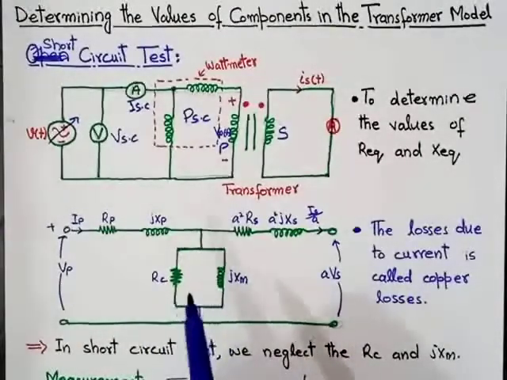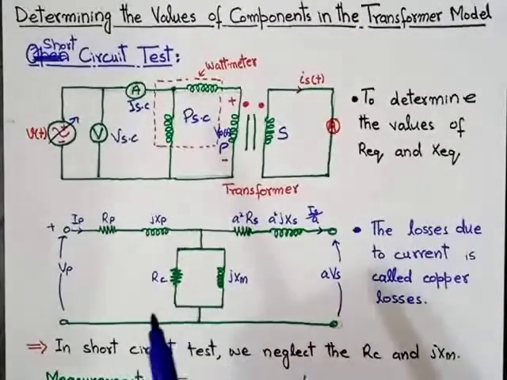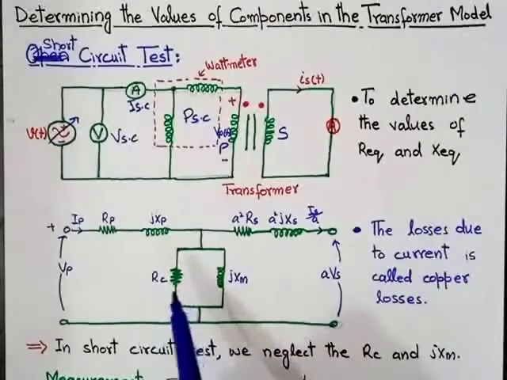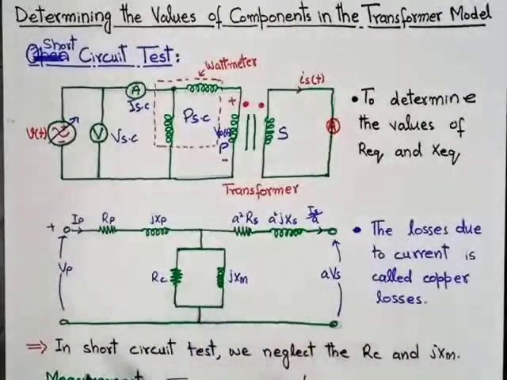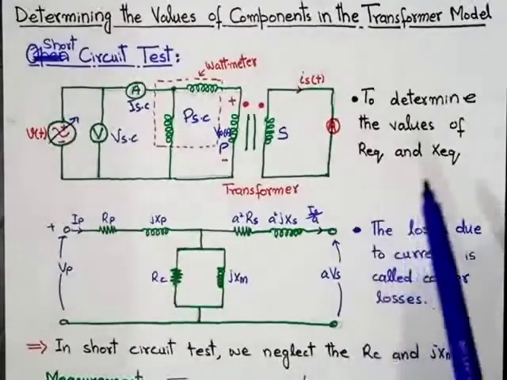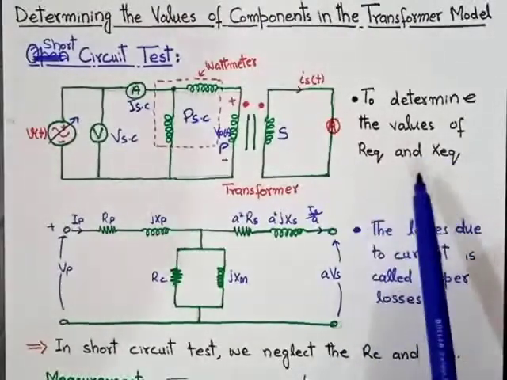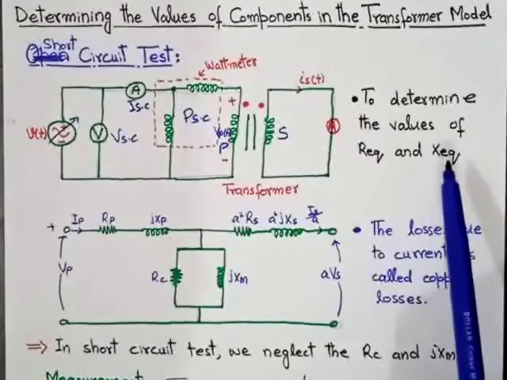In case of small voltage or nearly 0, we can neglect the RC and XM components. So that's why in the short circuit test we neglect RC and XM and we only determine the values of R equivalent and X equivalent.